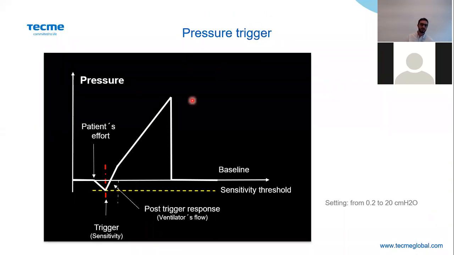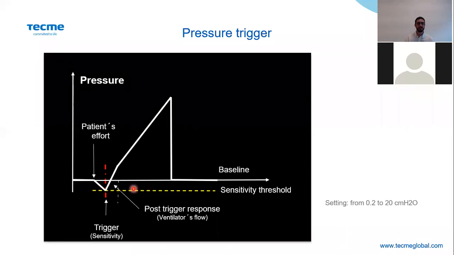So, pressure trigger. This is the pressure curve. This is the baseline. And you are setting some sensitivity threshold here. So the patient must do an inspiratory effort bigger than this threshold.